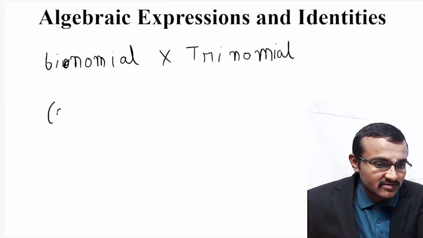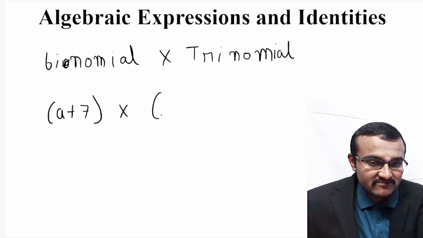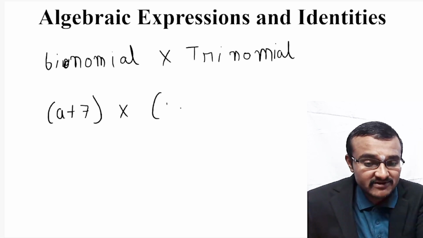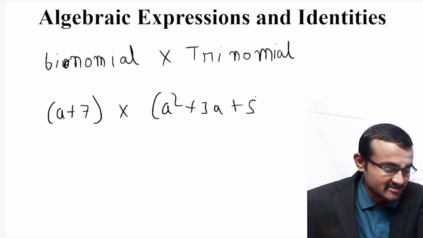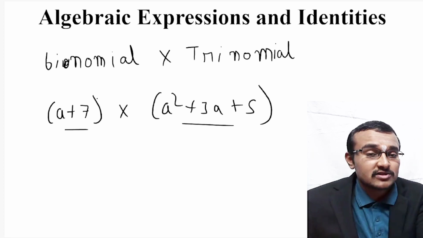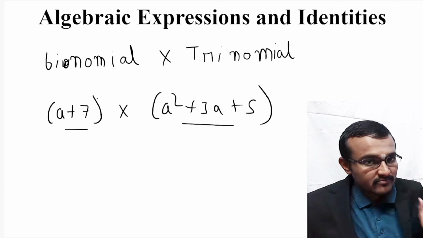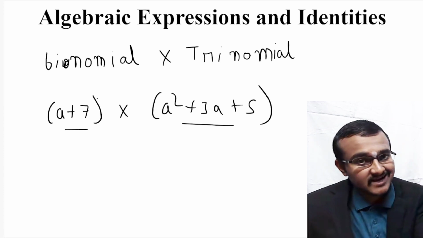One binomial you can take as a plus 7, and you can multiply this a plus 7 with a trinomial a square plus 3a plus 5. So here you have one binomial and one trinomial. Now all the terms of one polynomial should be multiplied with all the terms of the second polynomial.